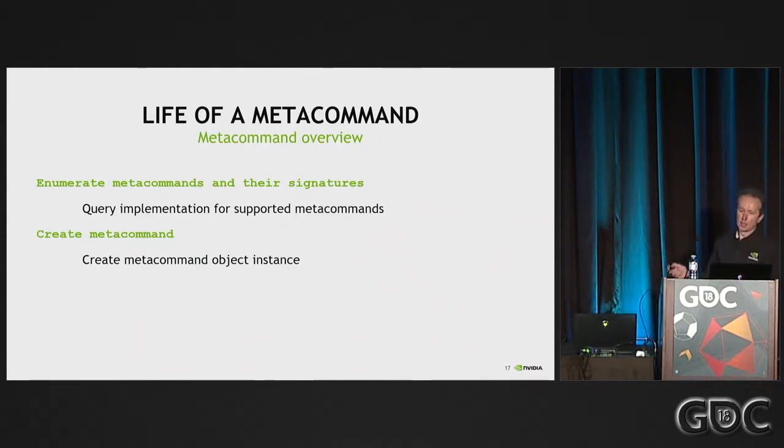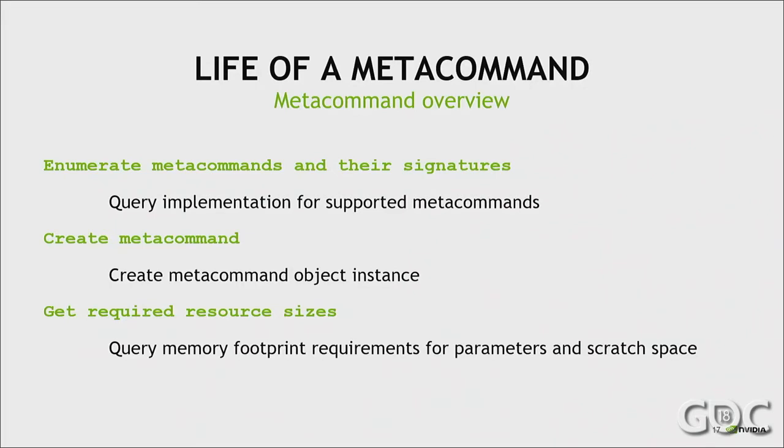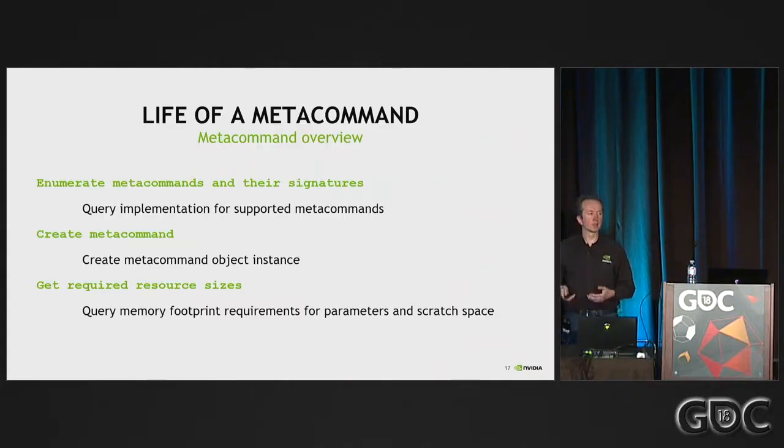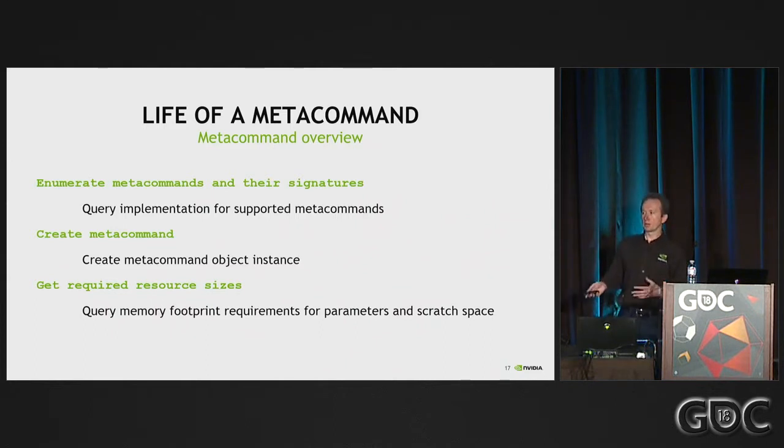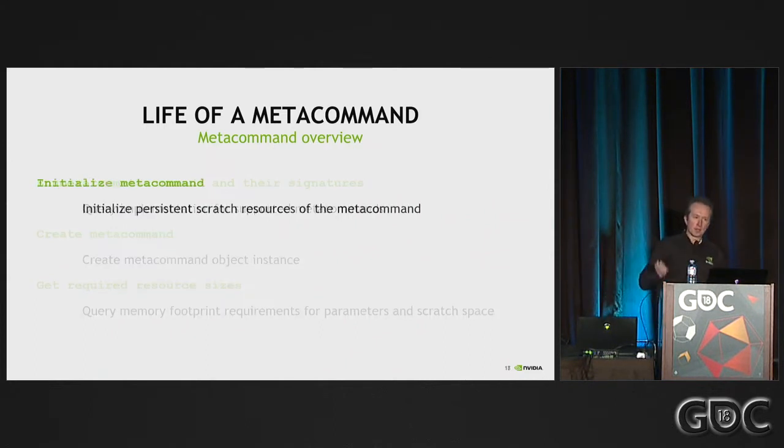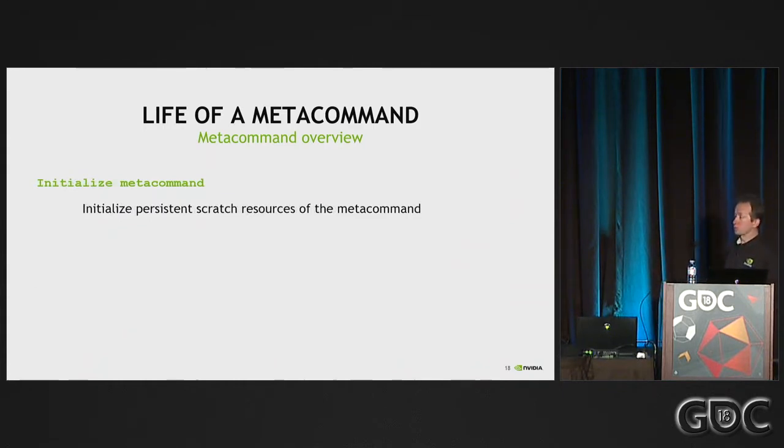Then the next step would be to query how much temporary space and how much persistent storage is required for a particular implementation. So that will vary from meta command to meta command and from implementation to implementation. Then, of course, there is an opportunity for the implementation to initialize persistent metadata.